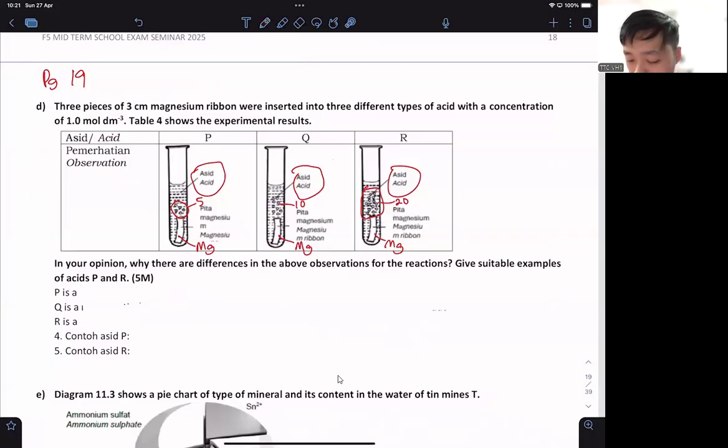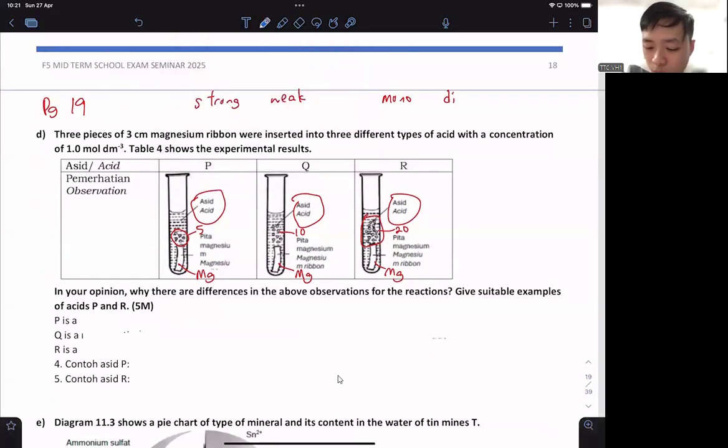Obviously the stronger the acid, the stronger the reaction. Normally R is stronger and P is weak. But how about Q in the middle? Not only strong and weak acid can you determine that, you can also determine by monoprotic and diprotic, remember?